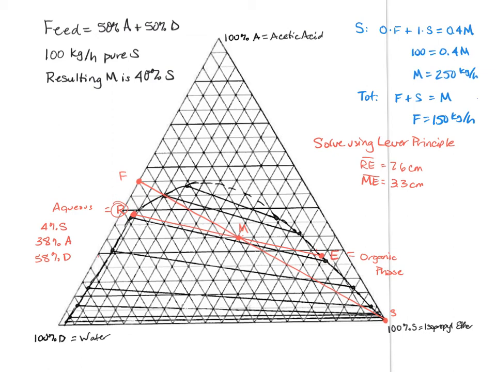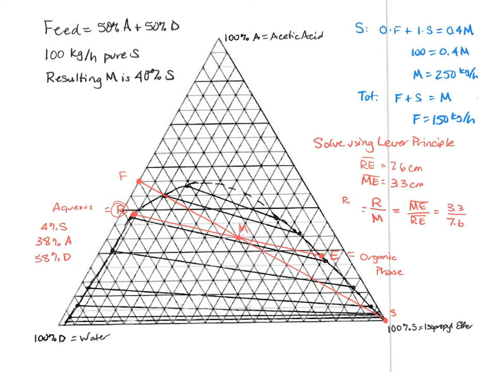Okay, now what this lever principle tells me is that the amount that's flowing in the stream R compared to the mixture is going to be the length of the arm ME compared to the length of the total tie line. So this is 3.3 over 7.6.